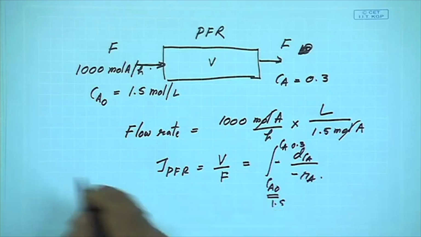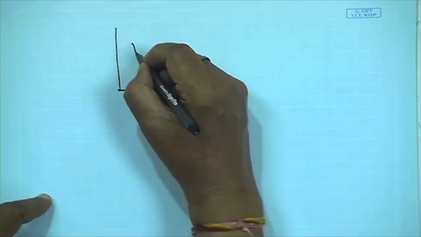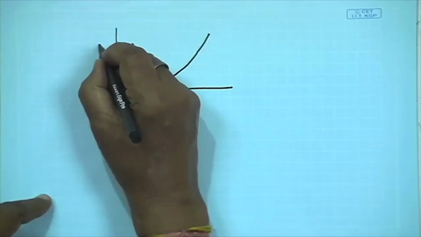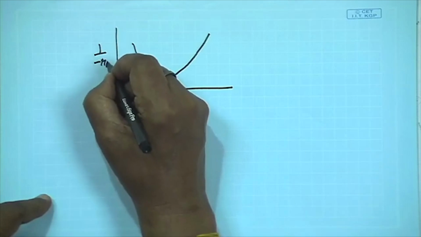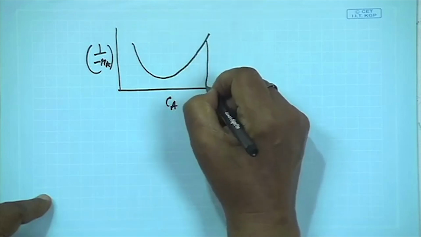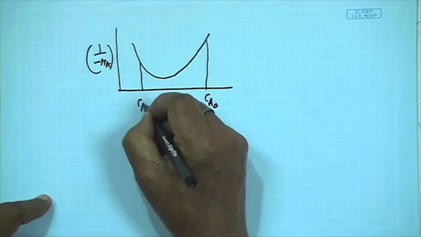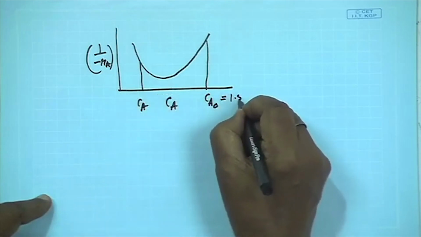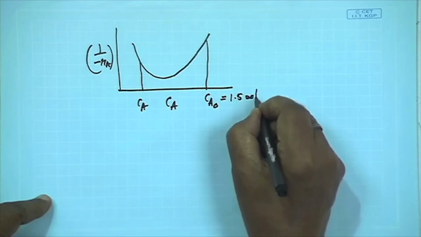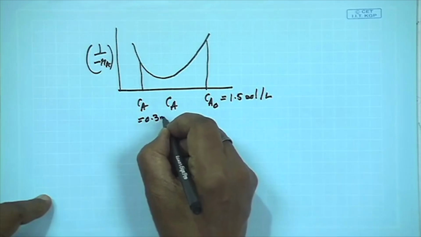In our previous case that we have already seen, we have the plot like this, 1 by minus RA versus CA. Am I right? Here we have CA0, equal to 1.5 mole per liter, and this is CA, 0.3 mole per liter.